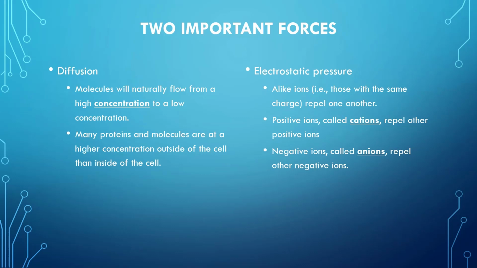And what matters here is not the identity of the molecule, but the charge of the molecule. So if we have things that have the same charge, like sodium, which has a positive charge, and potassium, which has a positive charge, those two, even though they're different, right?